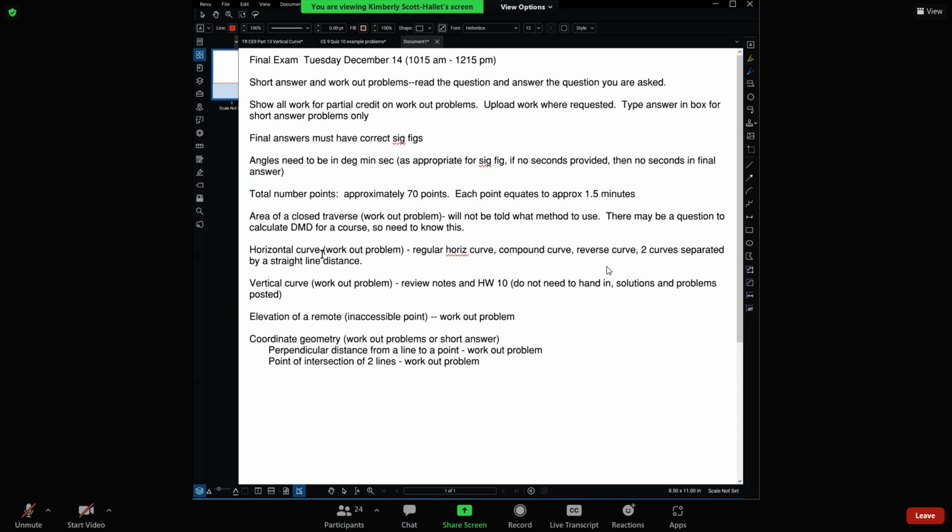Point of intersection of 2 lines, that would be a workout problem. That was on your last exam. So chances of that showing up again are probably less for this section than the other section, but it could happen. Not saying it can't, but chances are probably lower.